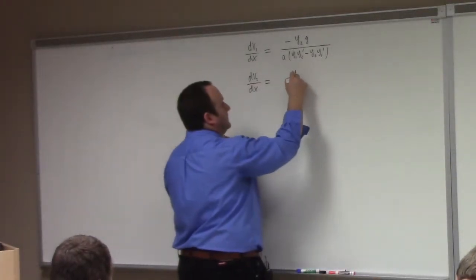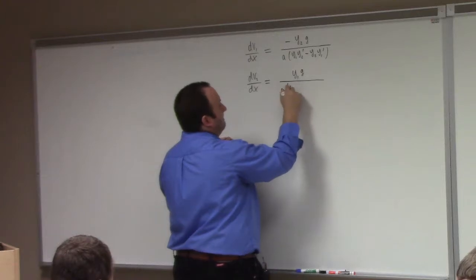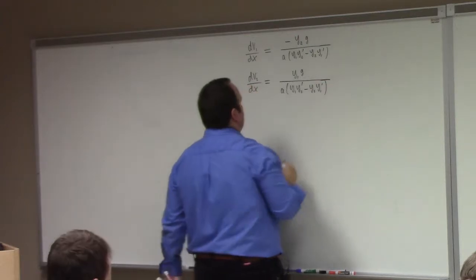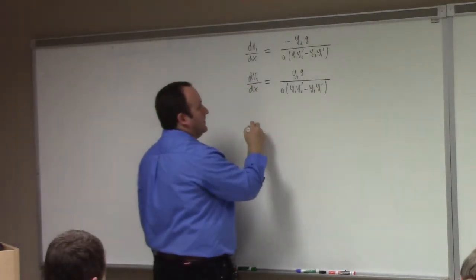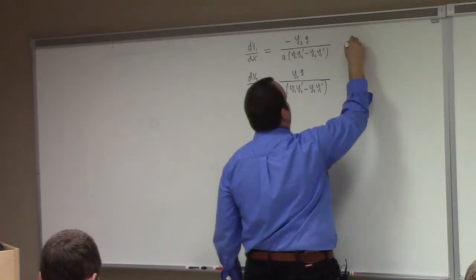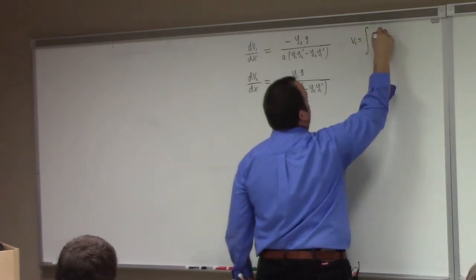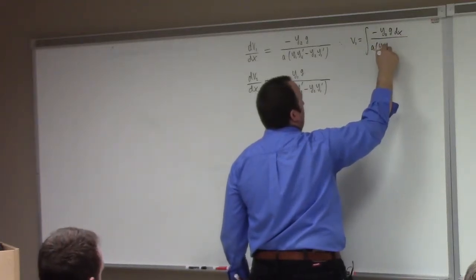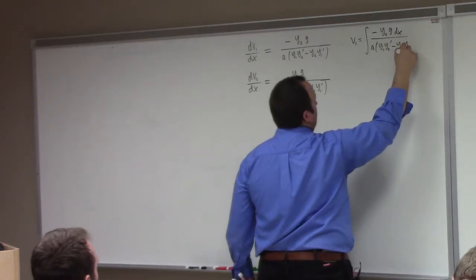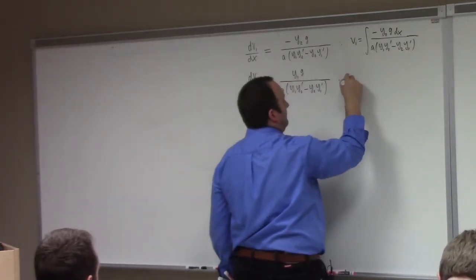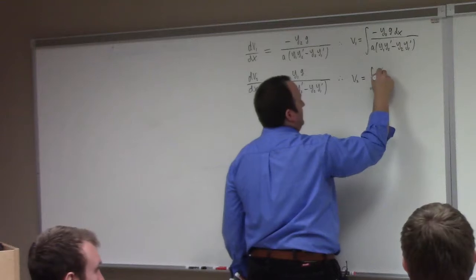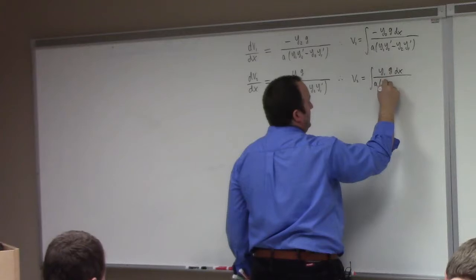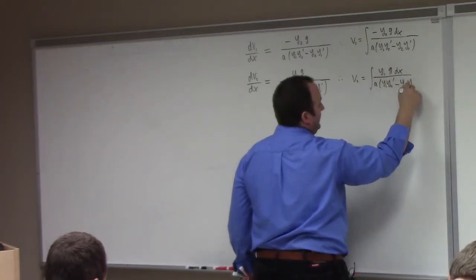And then this guy. So therefore, V1 is the integral of minus Y2 G dx over A times Y1 Y2 prime minus Y2 Y1 prime, and V2 equals the integral of Y1 G dx over A times Y1 Y2 prime minus Y2 Y1 prime.